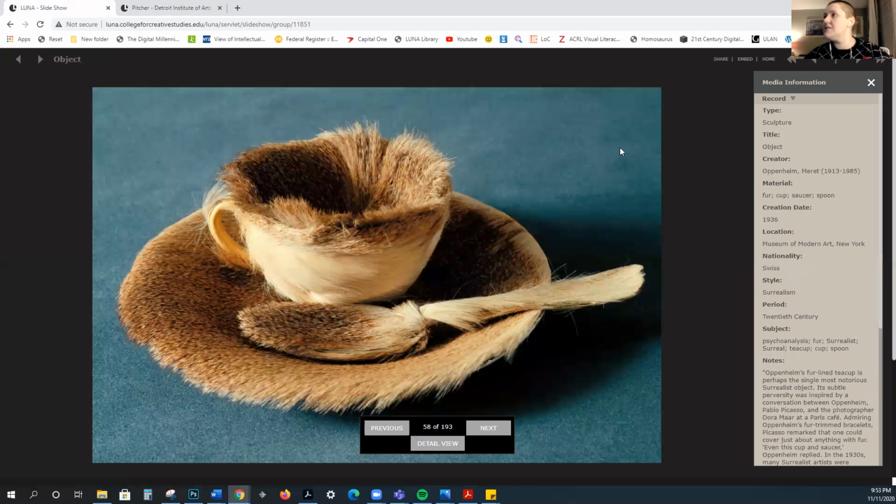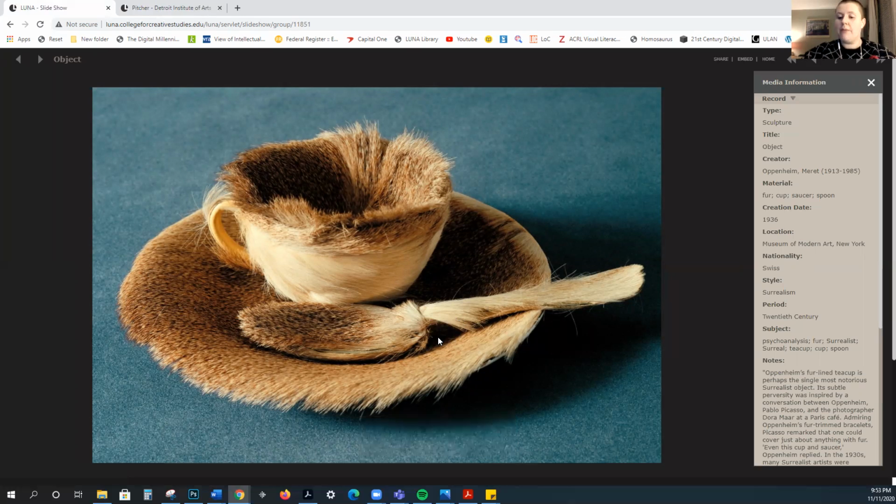So I'm going to come back to Object because this is incredibly famous. It's exactly what it looks like. It is a teacup on a saucer with a spoon that's completely covered in fur. This is completely unusable, but it is aesthetically pleasing, and it does have a tactile sensation to it.